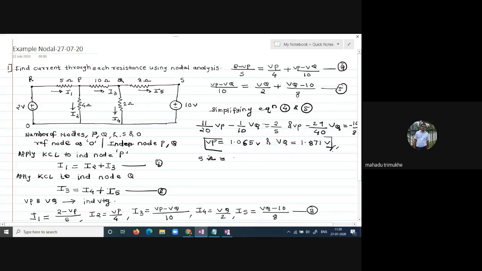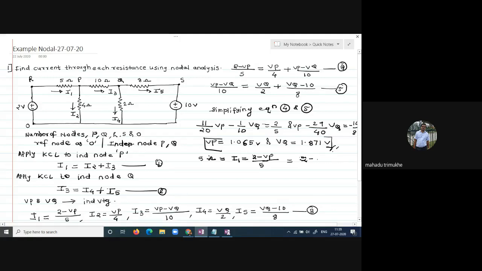I1 is equal to, that we have already calculated, 2 minus Vp divided by 5. So that is 2 minus Vp, you have already calculated. 2 minus Vp is what?